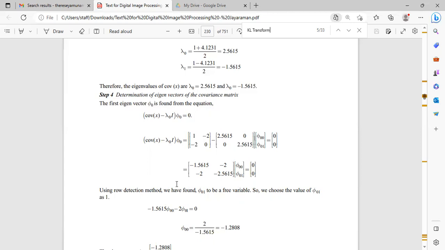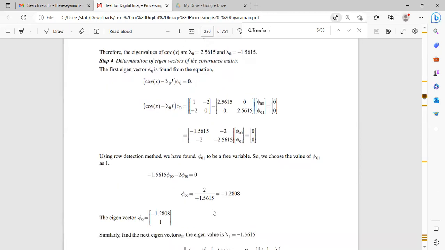So multiply these equations. Minus 1.5615 into phi 0 0 minus 2 into phi 0 1. That will be equal to 0. So phi 0 0 will be equal to 2 by minus 1.5615, because phi 0 1 will be 1. You are fixing the value of phi 0 1 as 1.